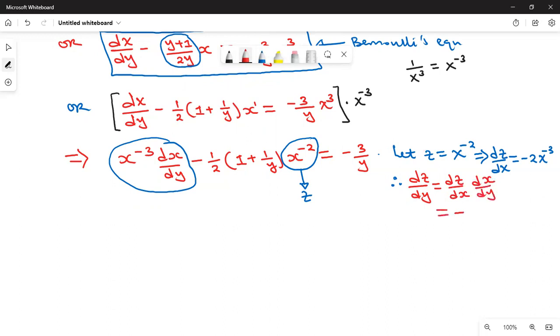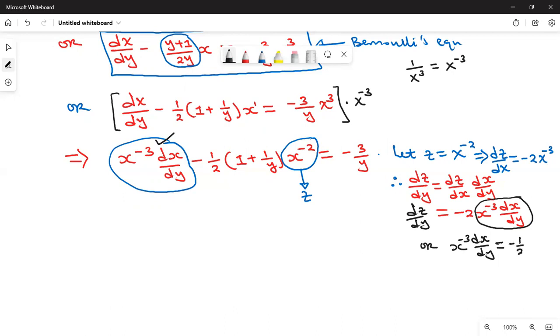I know dz dx to be negative 2 times x raised to negative 3. Then there's times dx dy, which I don't know. Now look at this term, x raised to negative 3 dx dy. We can get it from here. Make this the subject. Remember here we have dz dy, so I divide by negative 2. So you write x raised to negative 3 dx dy is the same as negative 1/2 dz dy.